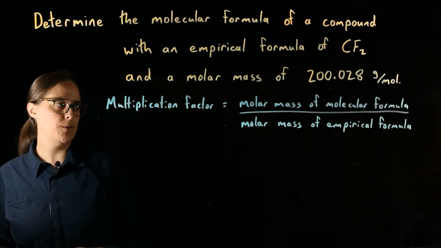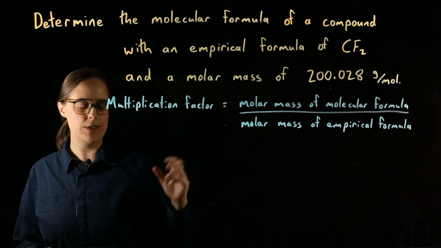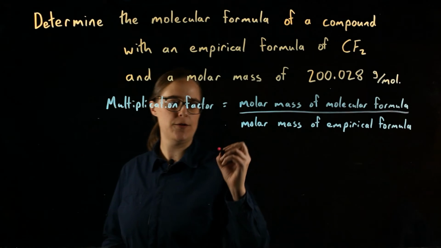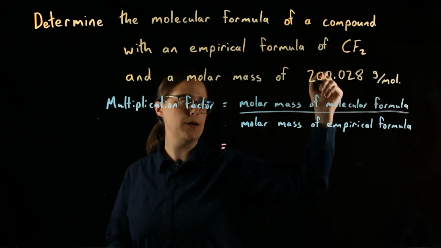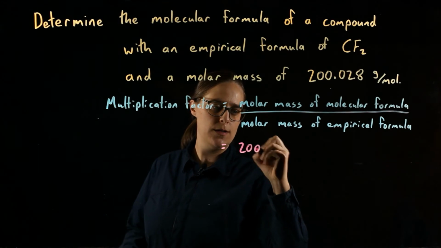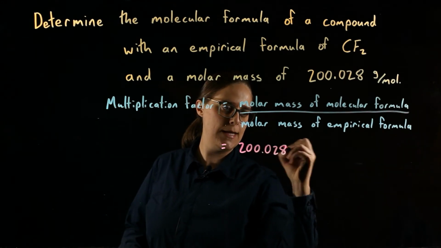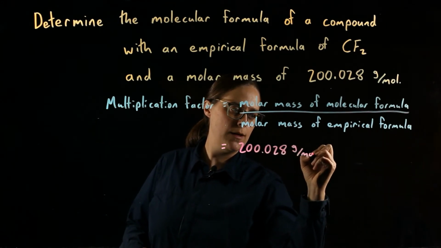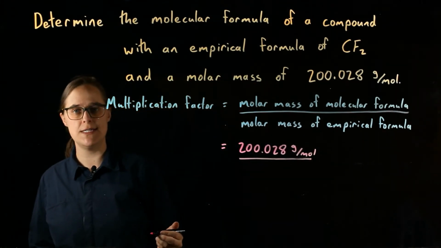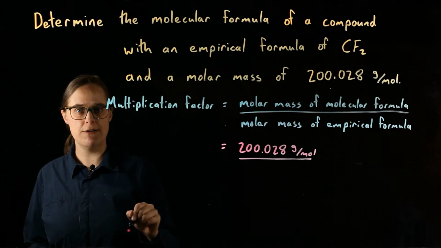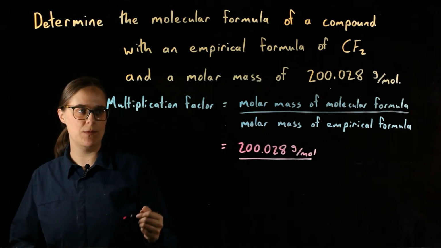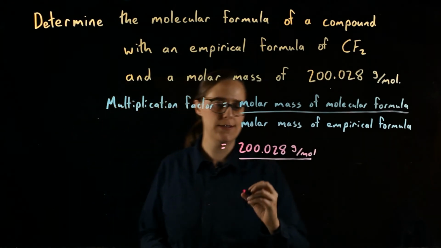When we plug our 2 molar masses into this equation, we should get a whole number. So molar mass of our molecular formula, this is what's given in the problem, 200.028 grams per mole. We need to divide this by molar mass of CF2. That was the very first molar mass we calculated when we were going through that table of possible molecular formulas.